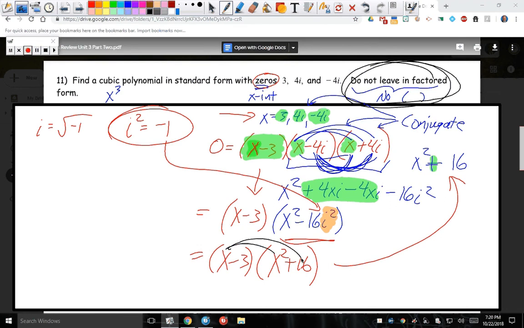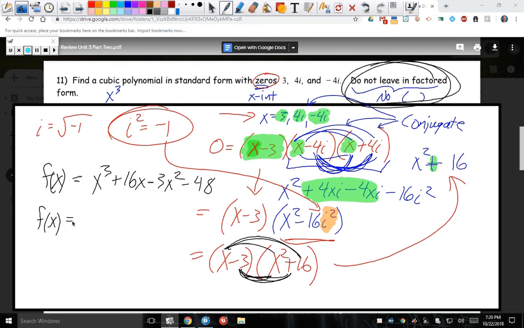So x times x squared gives you x cubed, and then x times the 16, and then negative 3 times x squared will give you a negative 3x squared, and finally negative 3 times a positive 16 will give you negative 48. Now we have our polynomial, but in good form we're going to write it in descending order as far as their degrees.